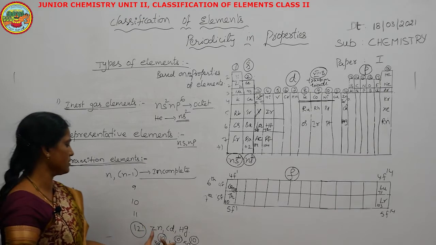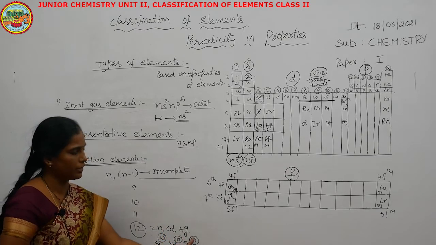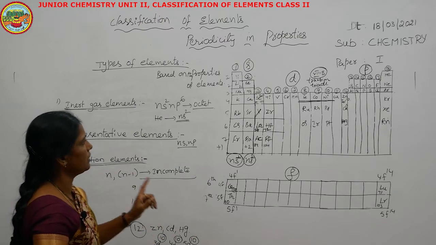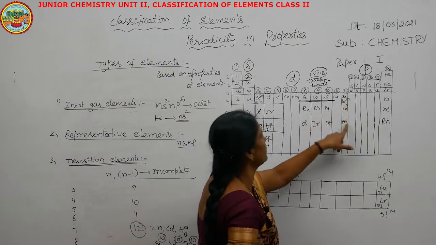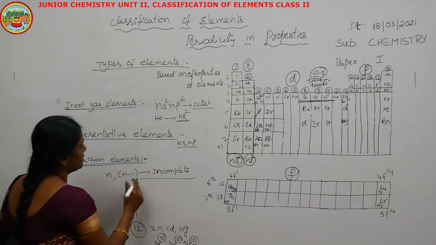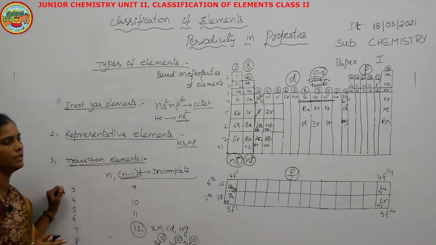The maximum electrons present in d means 10. The 3d10, 4d10, 5d10 means the d electrons are completely filled in case of zinc, cadmium, mercury. But the definition is the (n-1)d orbital incomplete. Those elements are called transition elements.